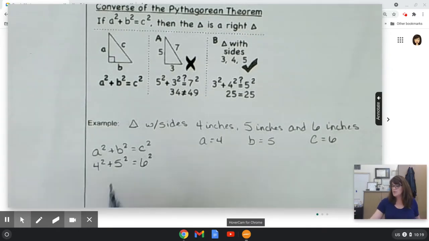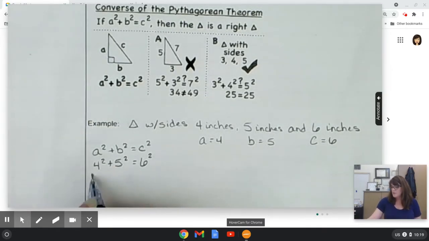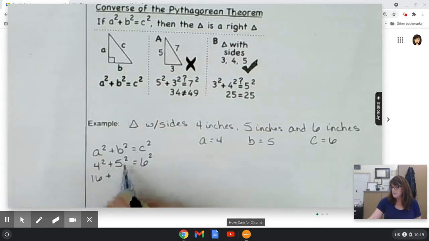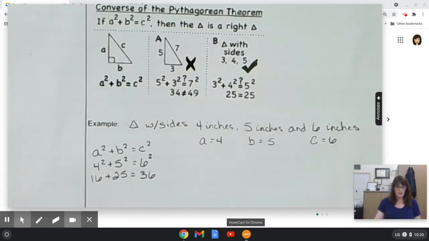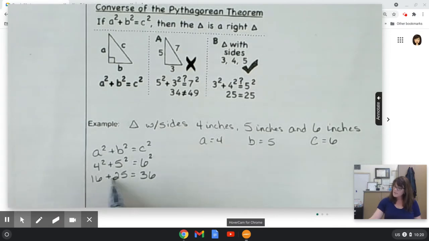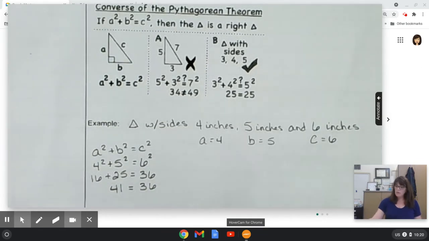Now, order of operations. 4 times 4 is 16, plus 5 times 5 is 25, equals 6 times 6 is 36. Okay. 16 plus 25, we're going to combine like terms, is 41. 41 equals 36. No way, Jose, that's a lie.